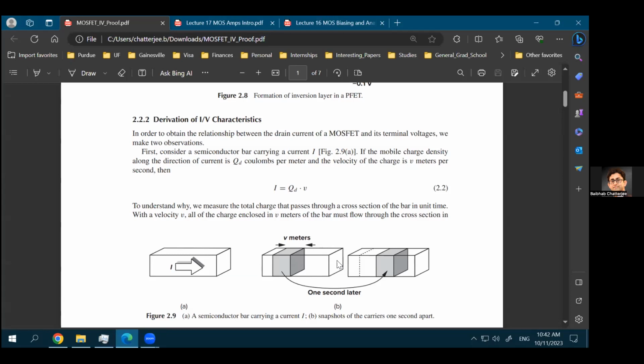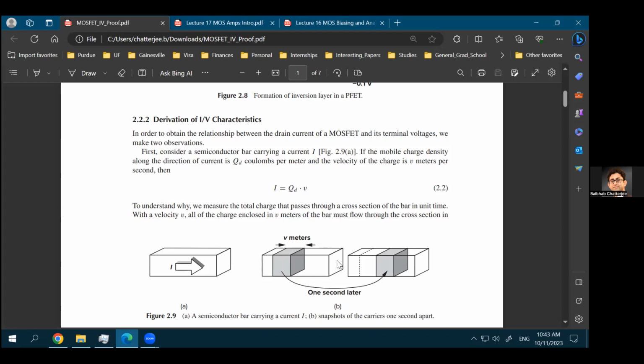That's what you expect from any traditional resistor as well: the current through a resistance is proportional to the voltage across it, right? That's Ohm's law. For the MOSFET, when the voltage across it is small, the current through it is proportional to the voltage across it, just like a resistance. That is the region called the linear region of the MOSFET behavior.